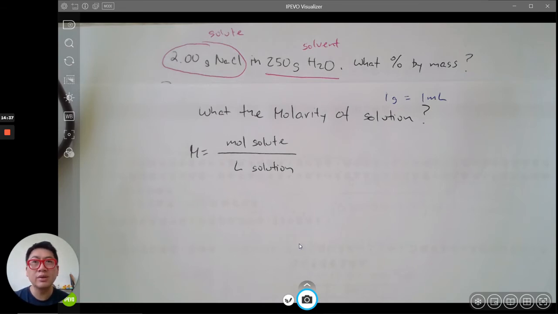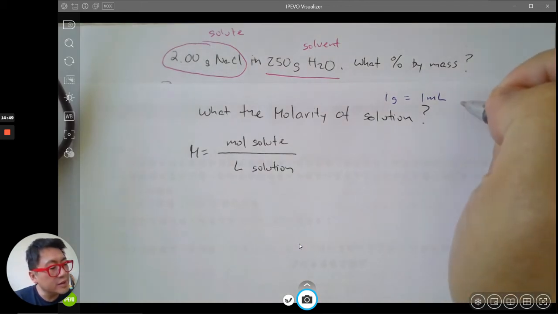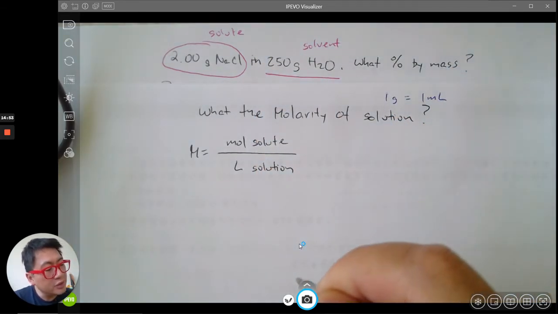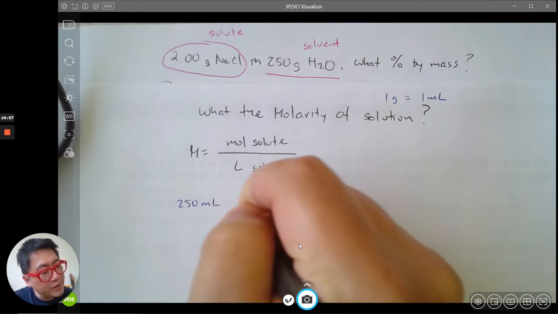So 1 gram of water is a milliliter of water. In other words, you have 250 grams or 250 milliliters of water. I'll write that down here. 250 milliliters of water in this case.